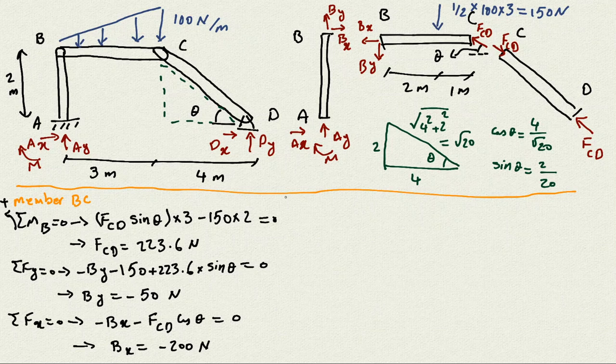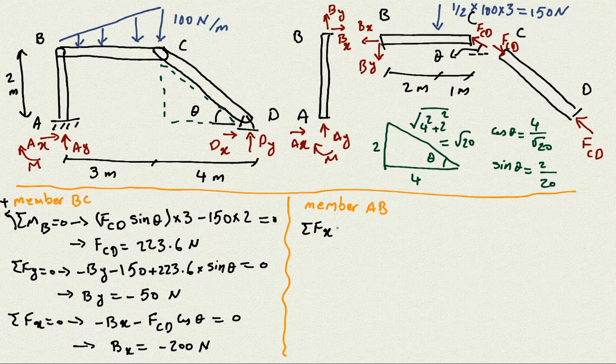equilibrium equation for the member AB. So if I write the equilibrium equation for member AB, first of all I would write the sigma of x is 0, probably the easiest one.